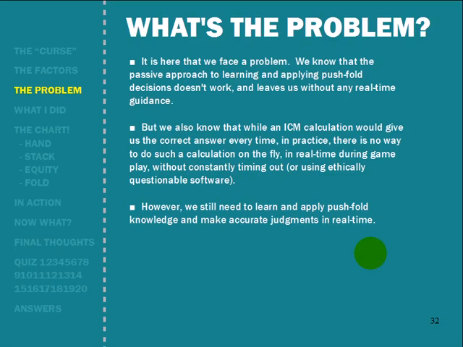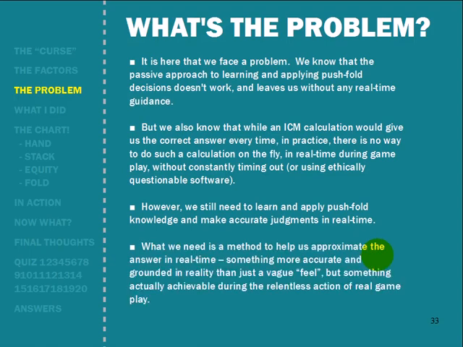But the problem is, if we want to keep playing sit and goes, we need to learn and apply push-fold knowledge and make accurate judgments in real time, right? So what we need is some sort of method to help us approximate the answer to push-fold problems in real time, something more accurate and grounded in reality than that vague push-fold feel that people want to acquire.